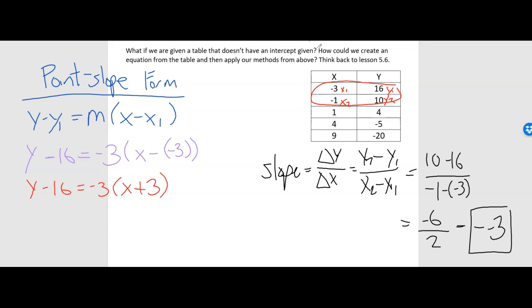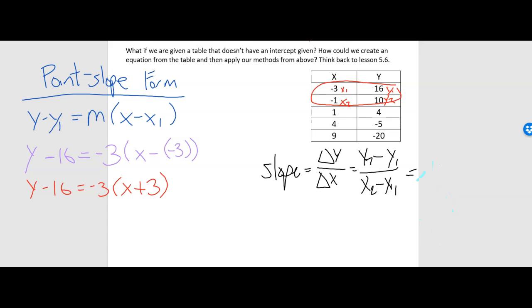And now I have an equation, and I can go ahead and find both of my intercepts. I'm going to erase my work for slope. If you don't have it down, just pause the video and get it down before you move on.